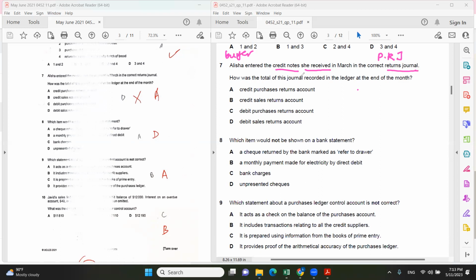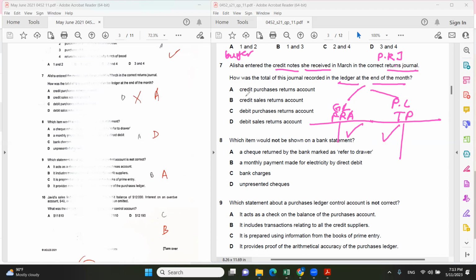How was the total of this journal recorded in the ledger at the end? So this amount, at the end of the month, you will transfer to the general ledger under the purchases return account, which is on the credit side. Whereas in the purchases ledger, you will record the supplier name, which is a trade payable, on the debit side.